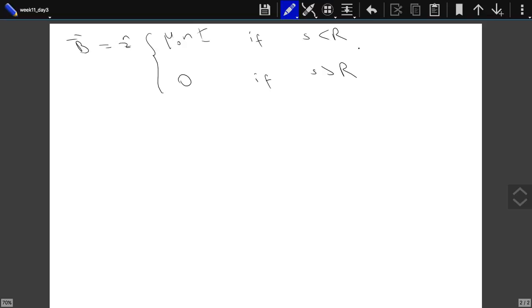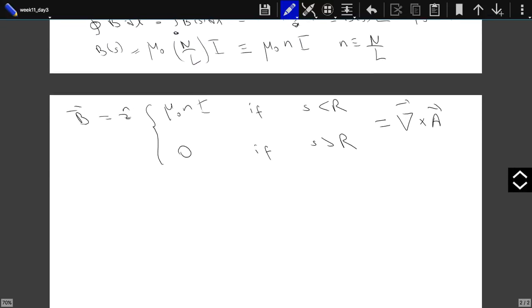I should find some A such that this is the curl of A. Of course, there are infinitely many possible values of A, so we can just choose one of them.